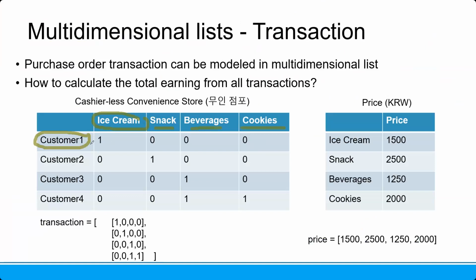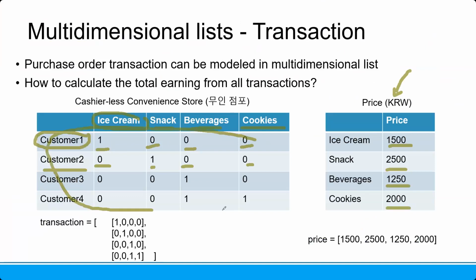Customer one bought one ice cream and zero snack, zero beverage, and zero cookies. Customer two bought zero ice cream, one snack, zero beverage, and zero cookies, and so on. Now I have another list, which is price. The price is 1,500 for ice cream, 2,500 for snack, 1,250 for beverage, and 2,000 for cookies.